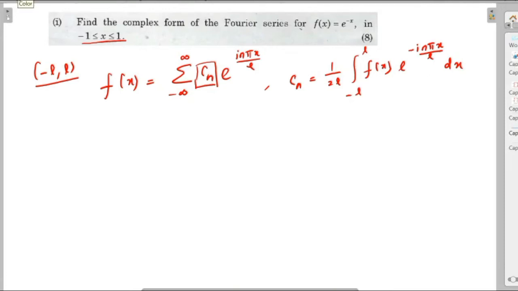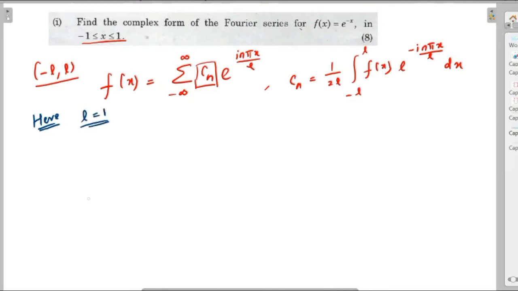Now I am going to find it. Before that, the interval is given, minus 1 to plus 1, so from that you have to identify L, that means L is 1. You have to compare these two things. So I'm going to take L equal to 1.